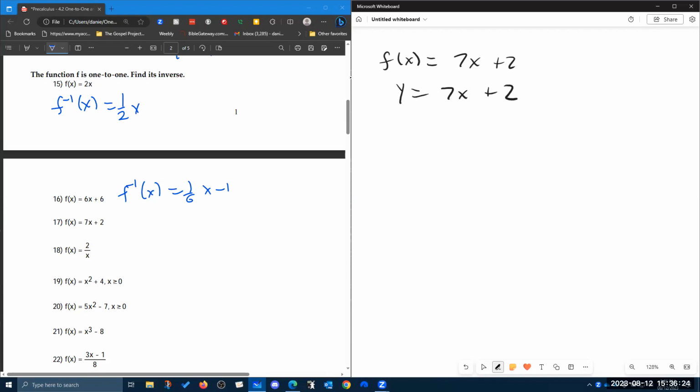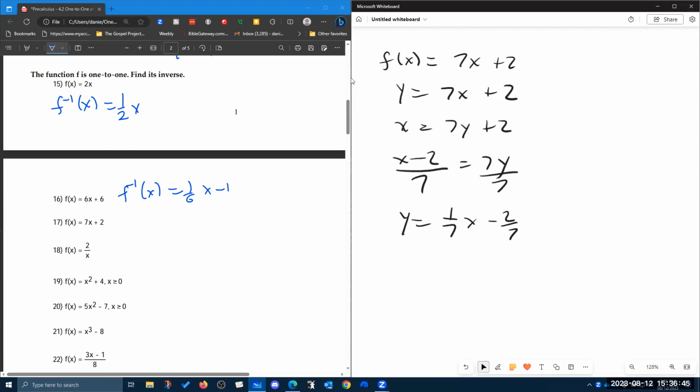Make that y equals 7x plus 2. Switch x and y. Subtract 2, then divide by 7. And replace the y with f inverse.